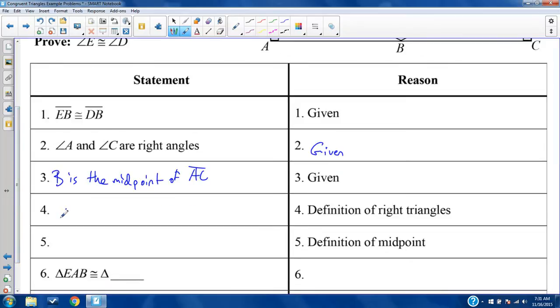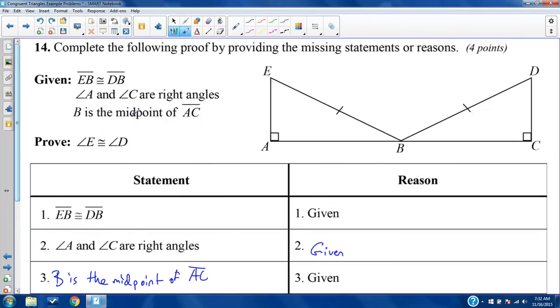Like when I said all right angles are congruent, that would be equivalent to saying here, angle A is congruent to angle C. You could say the measure of angle A is equal to the measure of angle C, which is equal to 90. That would also tell you that they're congruent. I'd rather go for the congruent statement here because it would help when looking at your markings when we talk about what's congruent.